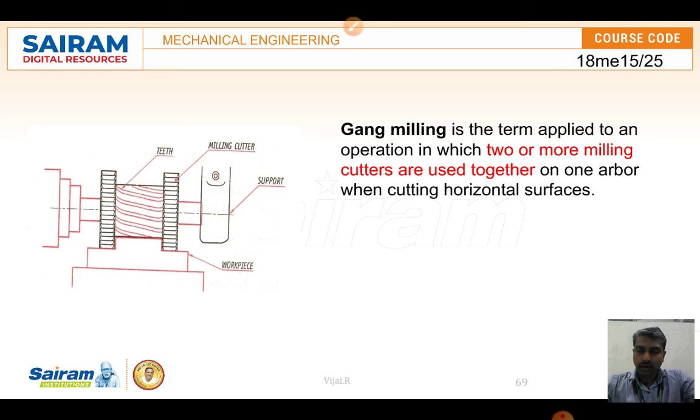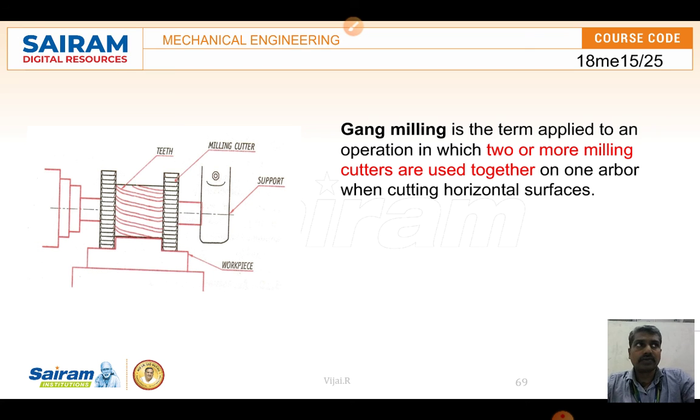And one more operation we call the gang milling operation. Gang milling is applied where two or three operations can be done at the same time, working together while the arbor is rotating. So two or three different milling cutters are attached continuously, combined together, and kept on the rotating arbor.